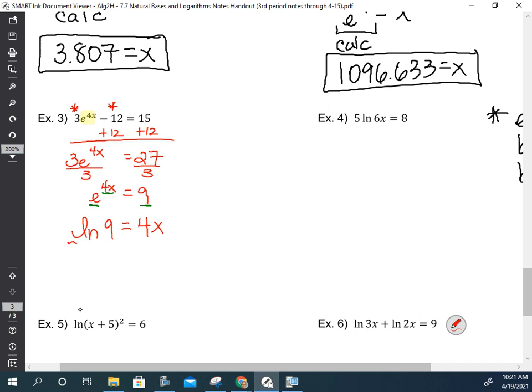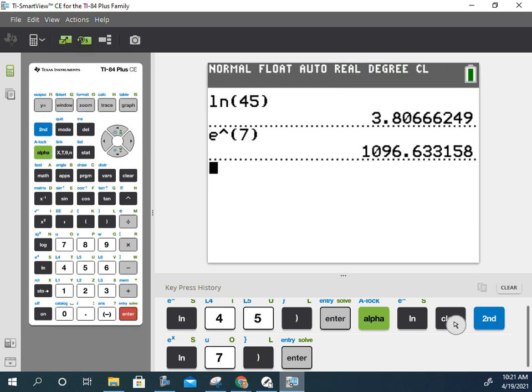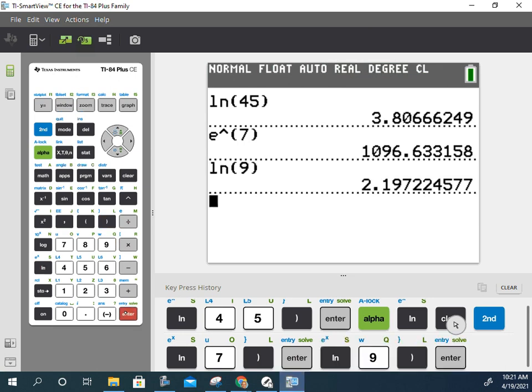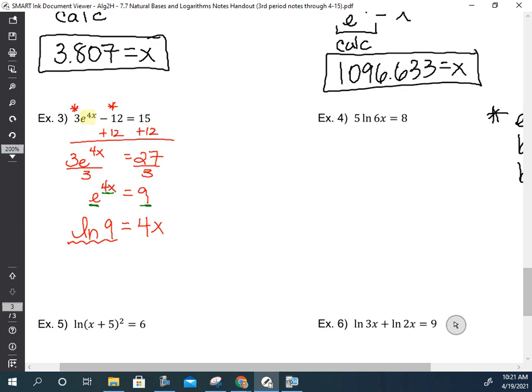First way is to take natural log of 9 and throw it in the calculator right now. Natural log of 9, 2.197. And then divide both sides by 4.